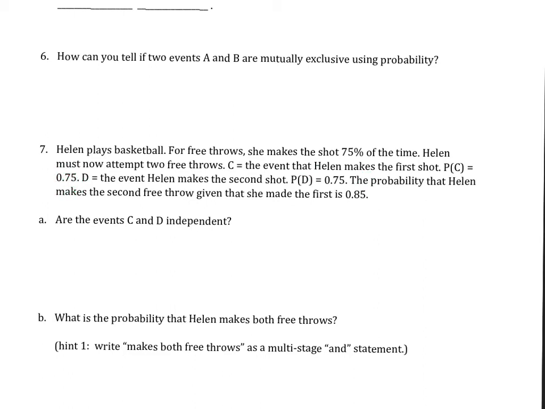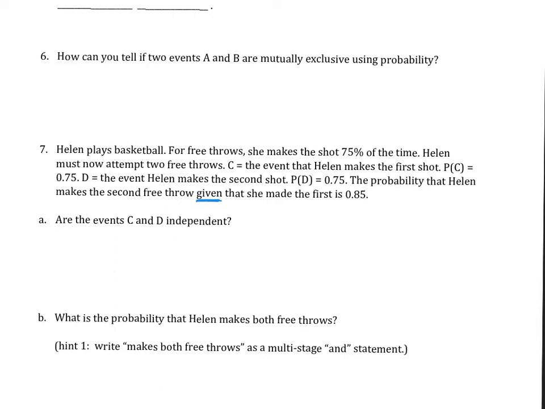And then let D denote the event that she makes the second shot. Also then probability of making the second shot is 75%. The last sentence says the probability that Helen makes the second free throw given, I'm going to underline given, that she makes the first one is 0.85.